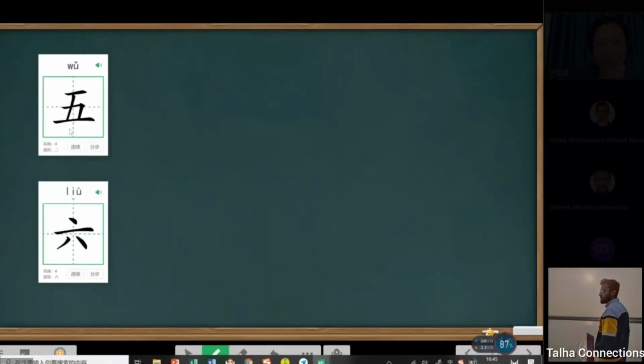Wow, the next one is five, right? Now let's watch how to write it. Here, this one is one stroke. Do not raise your pen. Now, this one is one stroke. Do not raise your pen. Start again. Just write it one at a time.